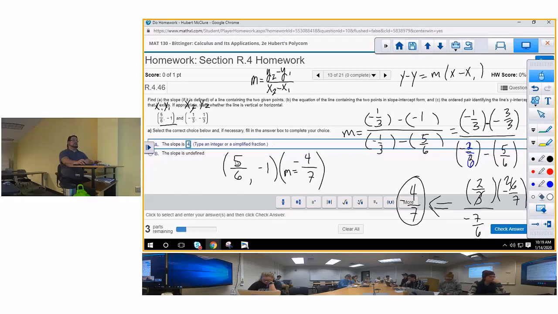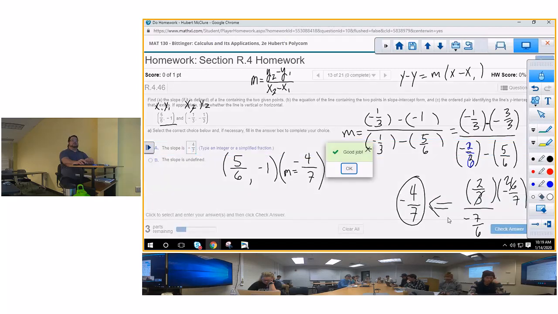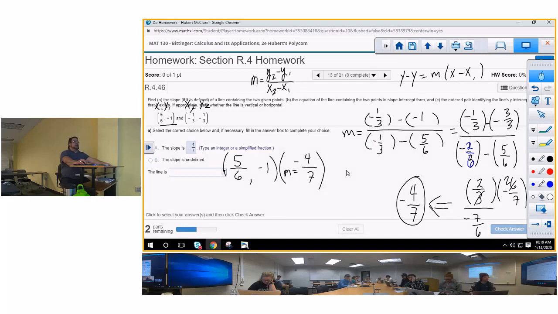Negative, fraction bar, 4/7. And I feel good about myself. So that means if you didn't get -4/7, you got it what? So you might want to use those parentheses, because I guarantee you probably didn't.